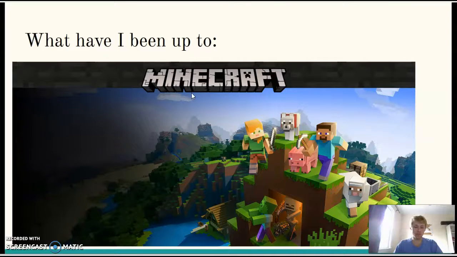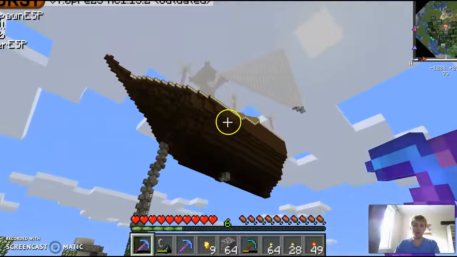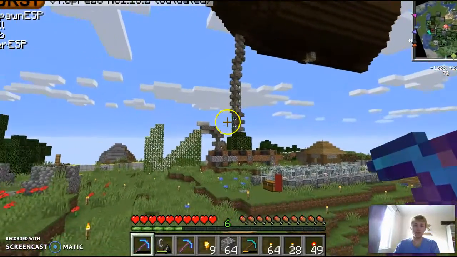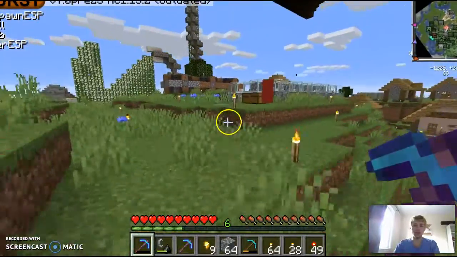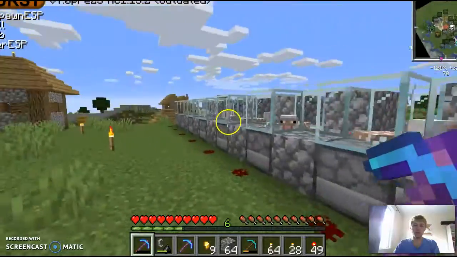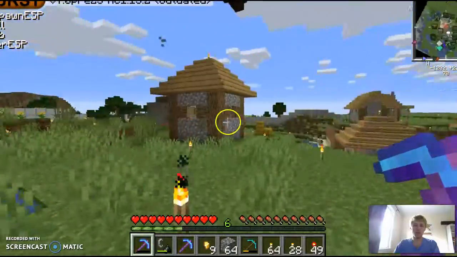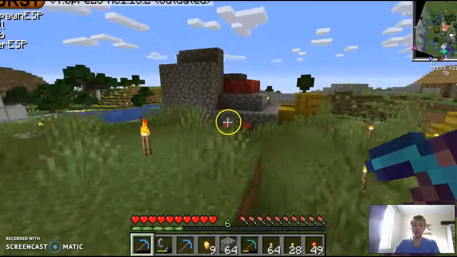I am ashamed. But I do have this really neat boat. Look at that boat. It's really large. It's in the sky. And you can come over here past all these sheep. They're happy. Don't look at those sheep. They're happy where they are. Don't question it.